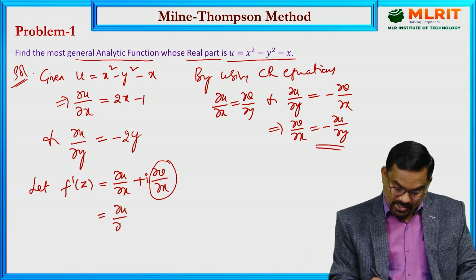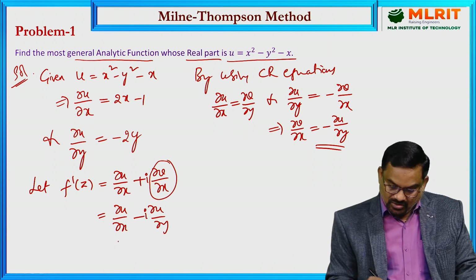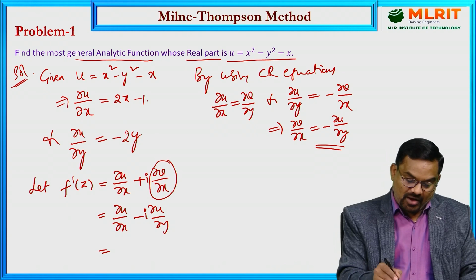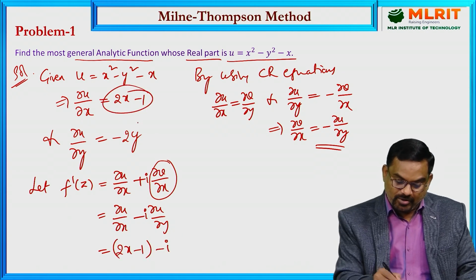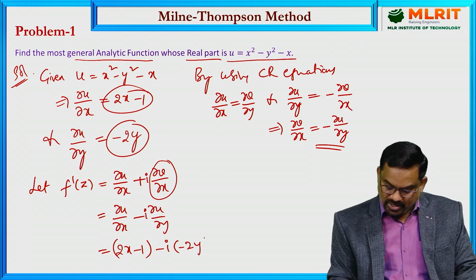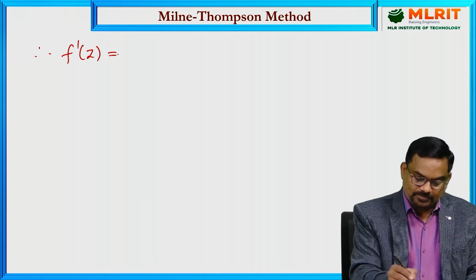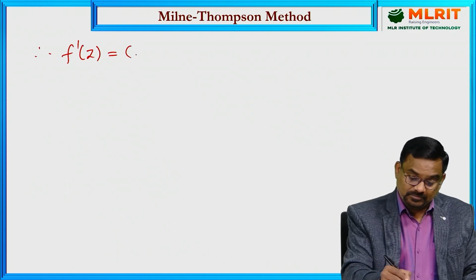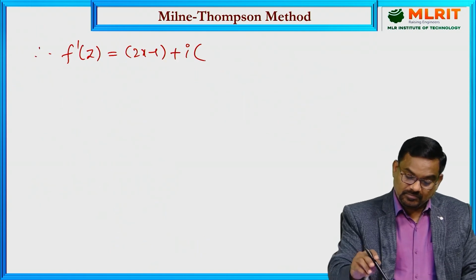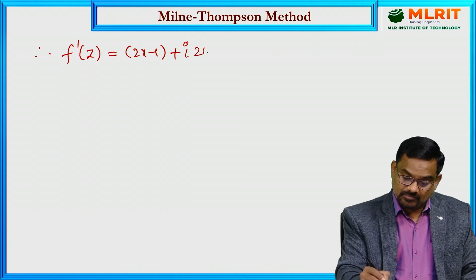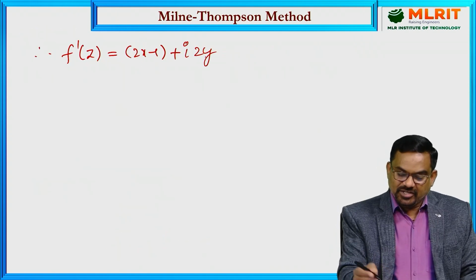So dou u by dou x minus i into dou u by dou y. This is dou u by dou x, we have 2x minus 1, minus i into dou u by dou y, which is minus 2y. So therefore f dash z equal to 2x minus 1 plus i into 2y.